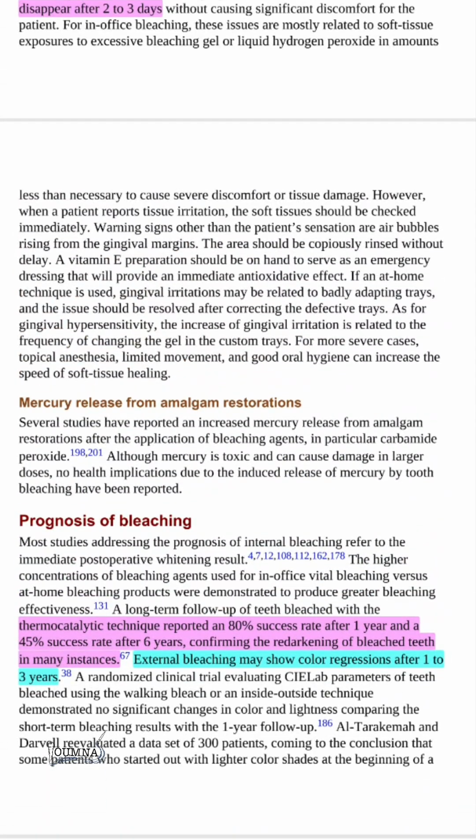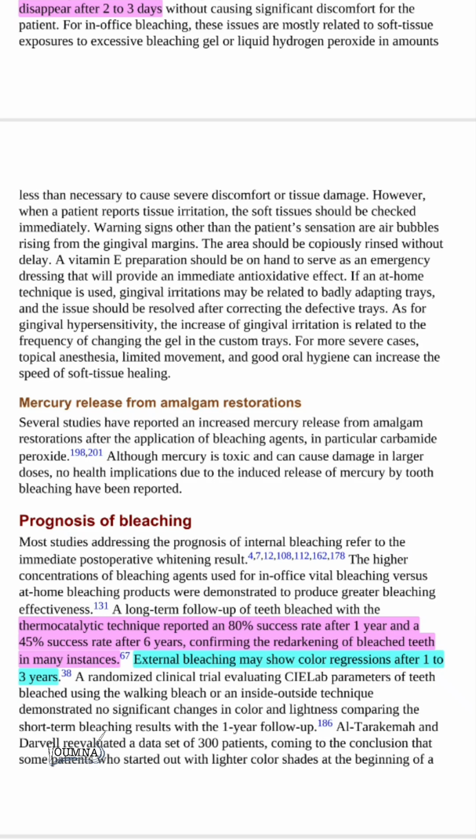So, as a result, bleaching is considered safe when applied carefully and in the right way, with the right concentration and the right duration, and informing the patient that discoloration may happen, and it ranges from 1 year to 10 years.